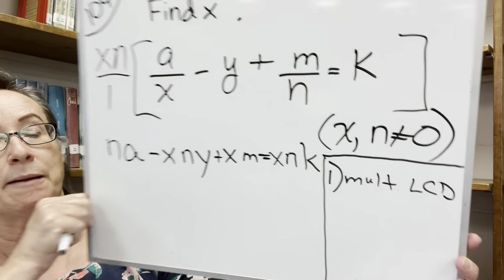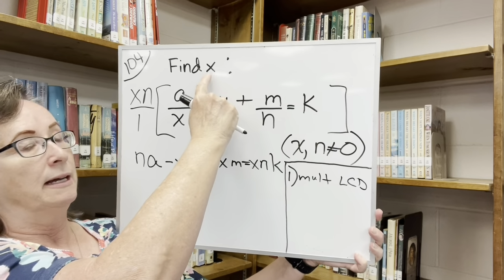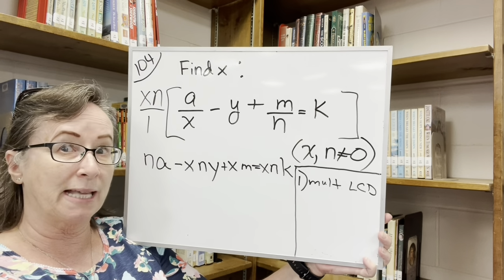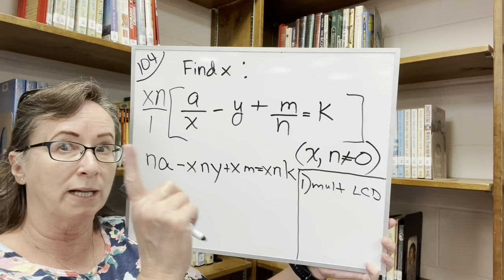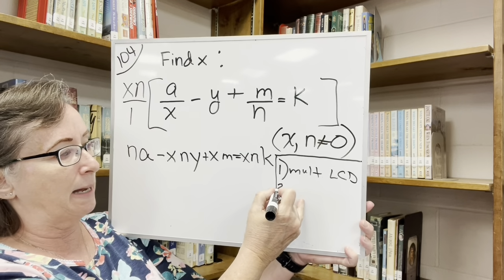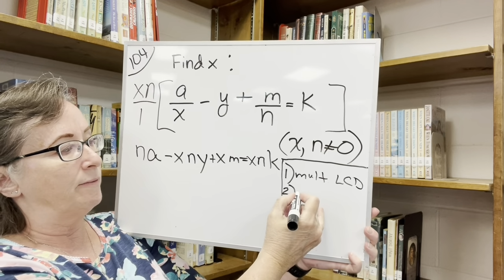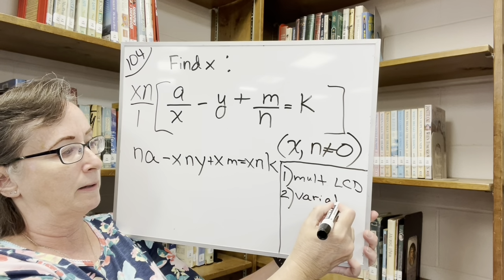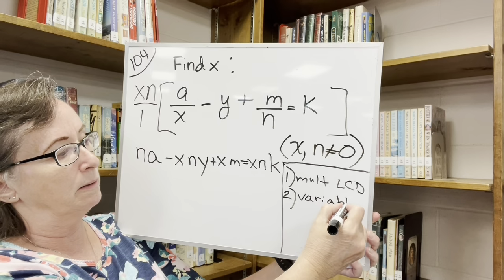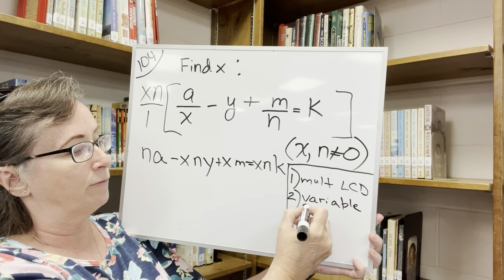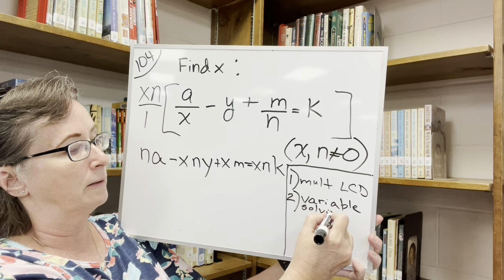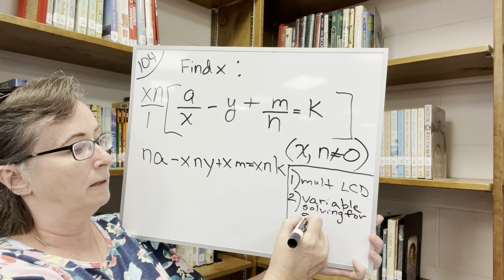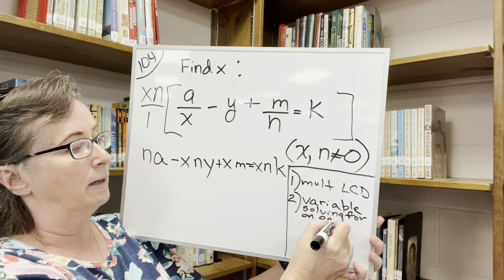Okay, now remember step 2 is to look up here, see what I'm solving for, and get all of the variables that I'm solving for on one side, okay? So let's say step 2, variable solving for on one side.